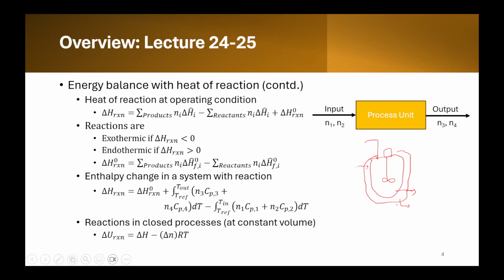This outside jacket is there to keep the isothermal condition. If the reaction is exothermic, it will release heat. So what you need to do to keep the isothermal condition is remove that heat, so you basically need a cooling medium here.